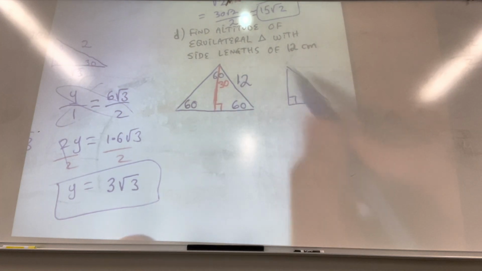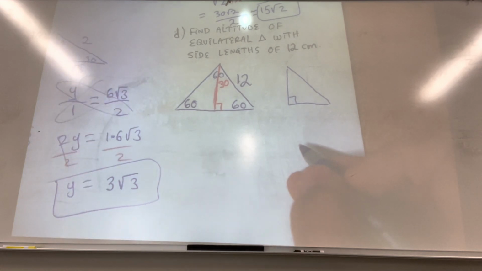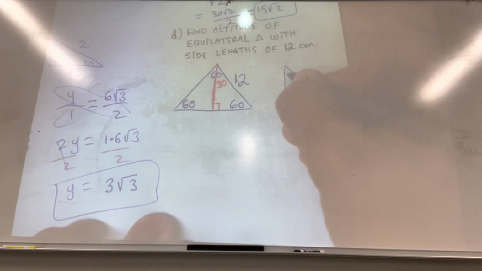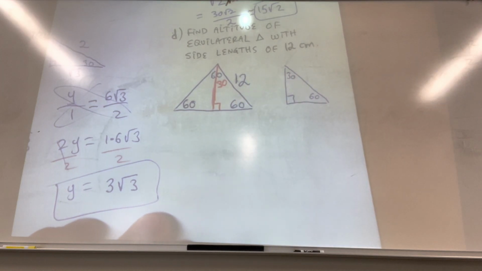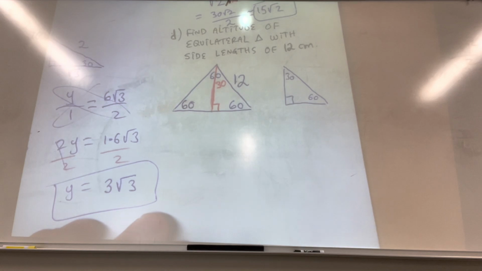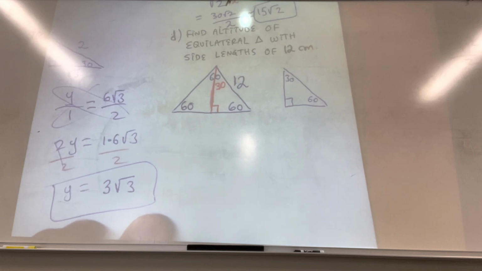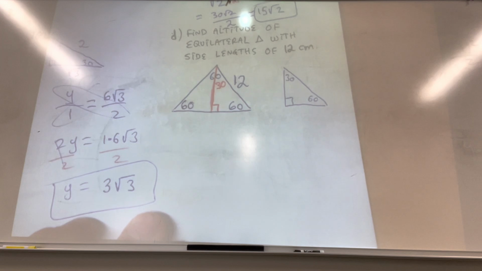So we have a little triangle here, and we know that it's a 30, 60, 90. Okay, put the numbers that should be around there real quick, please. Genesis, what's across from 30?